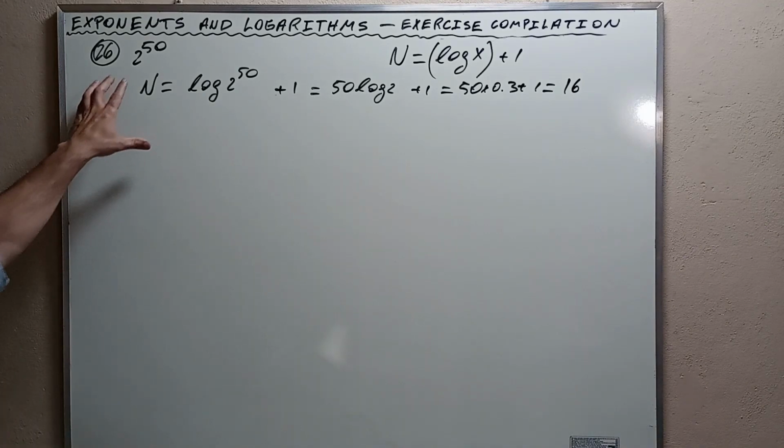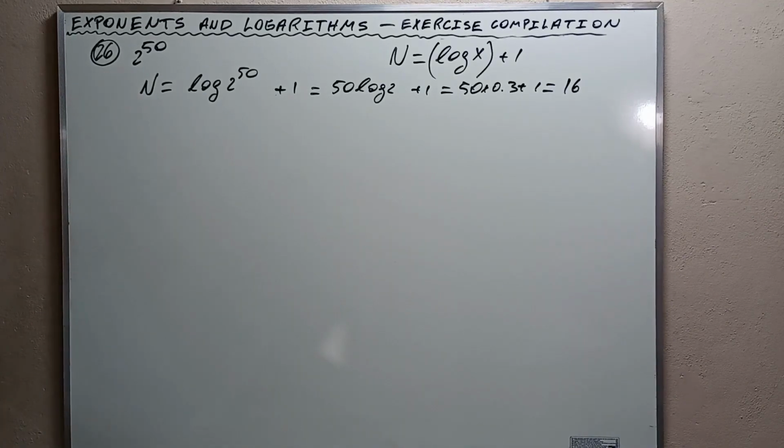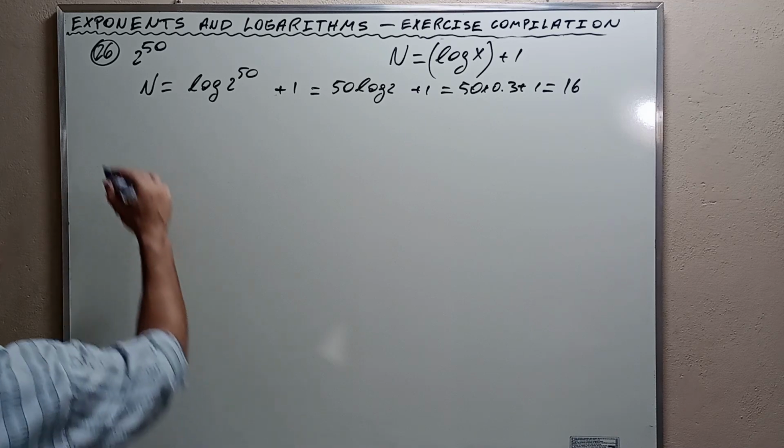This number here has 16 digits. Okay, my friends? And this is all for exercise 26. Let's go to exercise 27, my friends. And exercise 27 is the last of this video. This video in which we debated exponentiation and logarithms. Exercise 27.